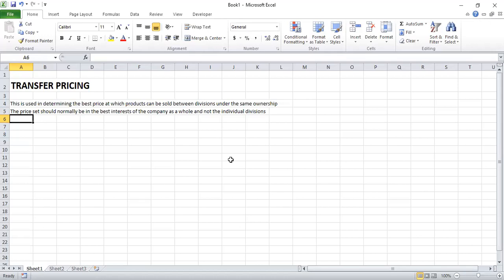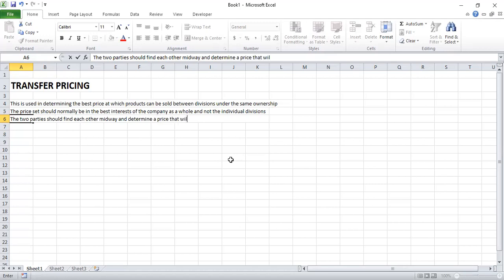Right. So we're saying the two parties should find each other midway, and determine a price that will not disadvantage either party.